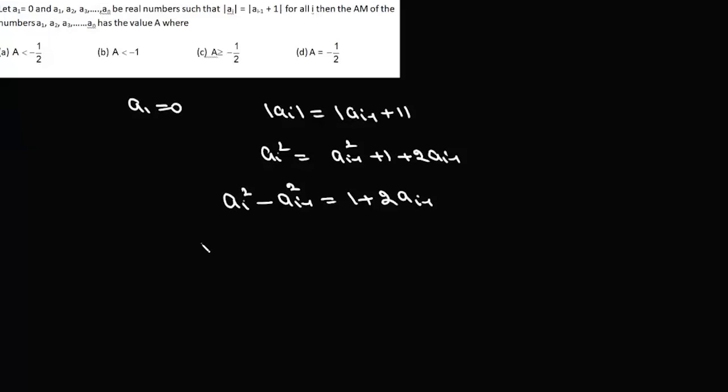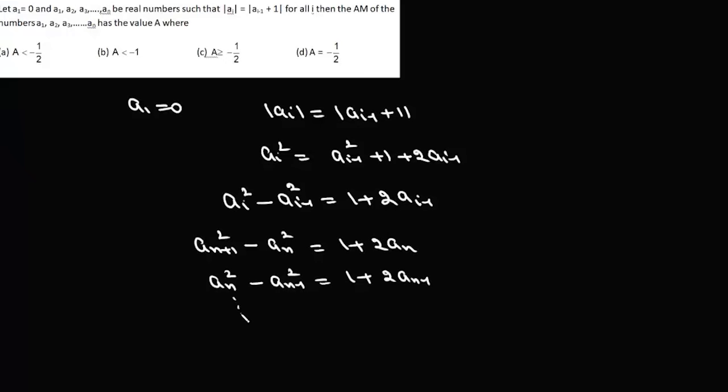So what we'll do is, we'll start from a(n plus 1) square minus an square, and it will be equal to 1 plus 2an. Then we can write an square minus a(n minus 1) square will be 1 plus 2 a(n minus 1), and we'll continue till a2 square minus a1 square, and it will be equal to 1 plus 2 a1.